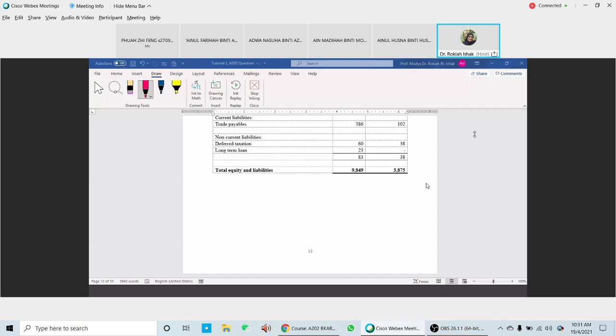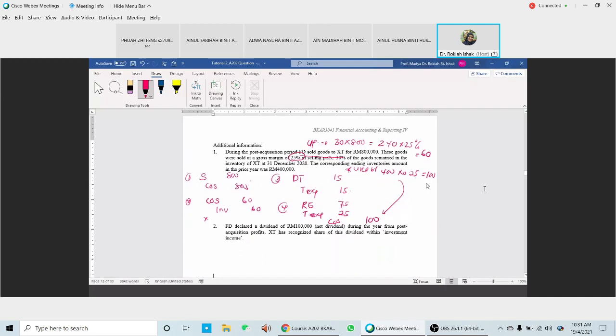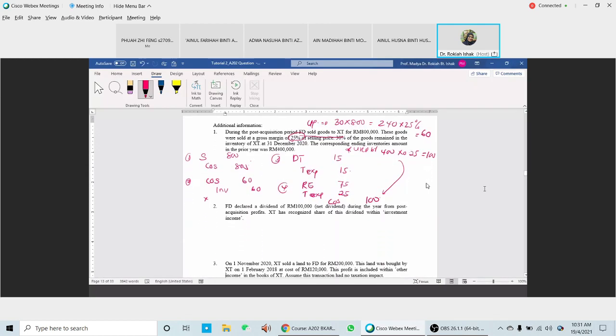So we're going to proceed with the next one, the second one. FD declared a dividend of 100 during the year from post-acquisition profit. XT recognizes the dividend as investment income. So based on what is mentioned here, instead of dividend income, you're going to put it as investment income.